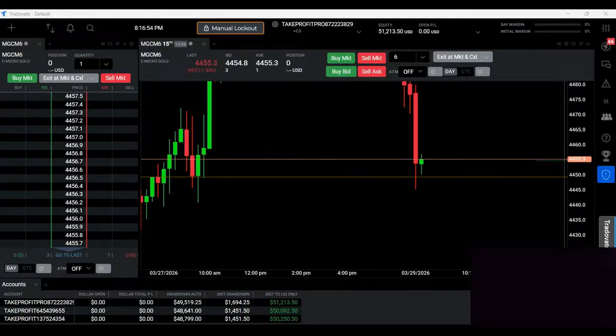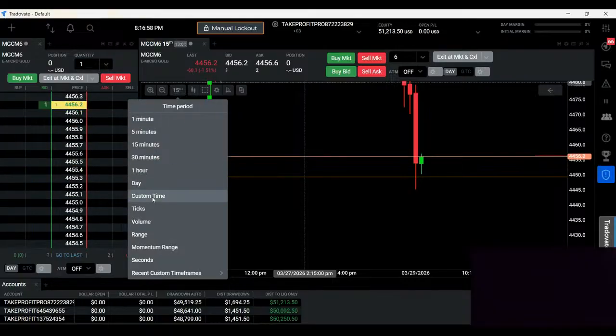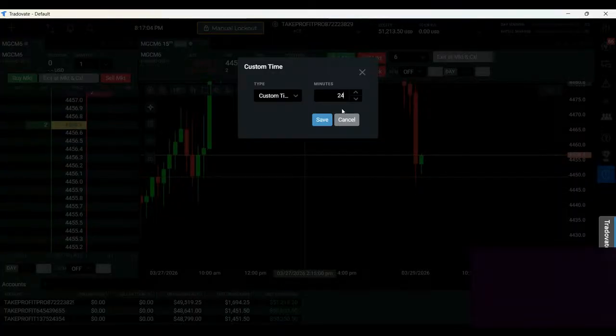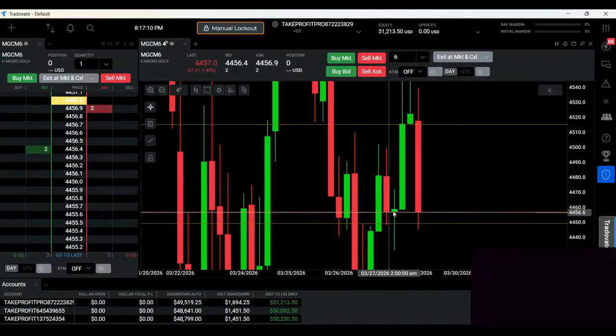So the perfect thing is, let me see something. 4 hour. I think 4 hour is 240. All right. The greatest thing is that right now we're in this area where we hit a key level, so price can reject from here.